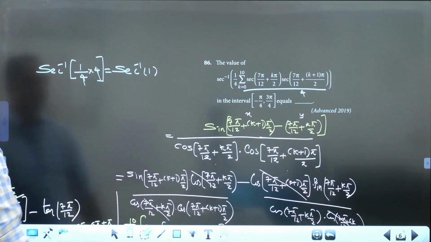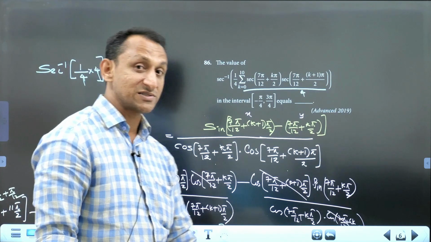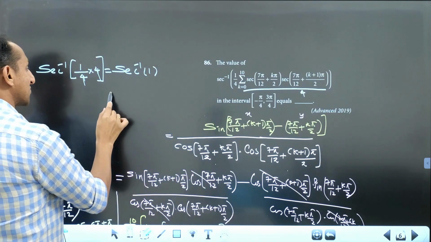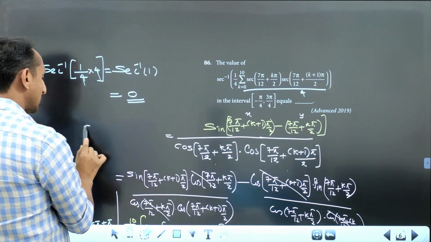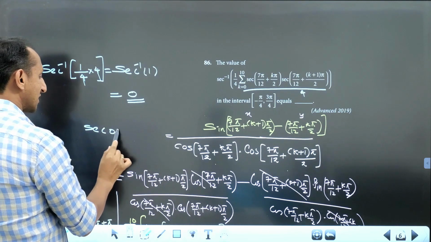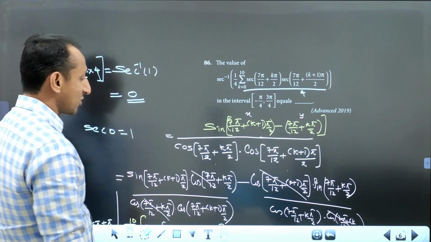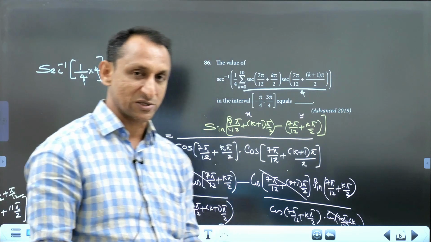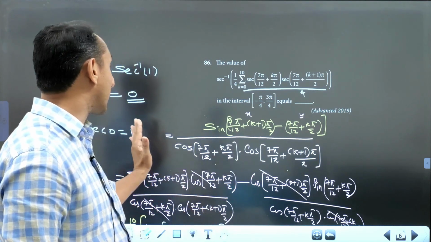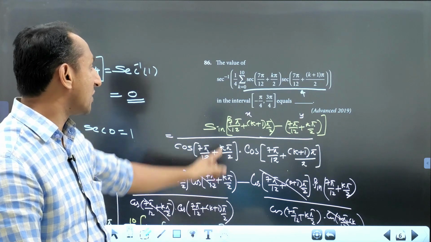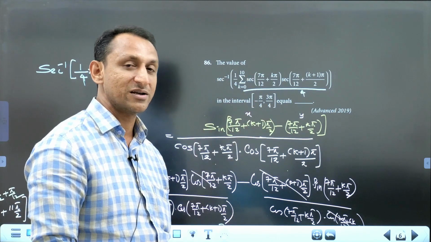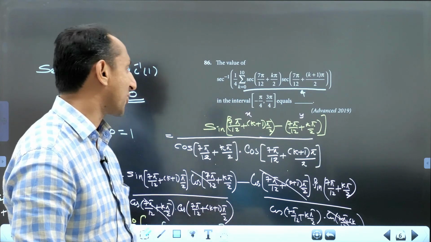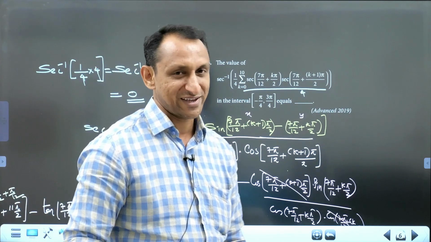The 4s cancel. What is sec inverse 1? Sec inverse 1 is 0. Why? Cos 0 is 1, also sec 0 is 1. So sec inverse 1 becomes 0. The value of this function in this interval is 0. Okay, thank you.